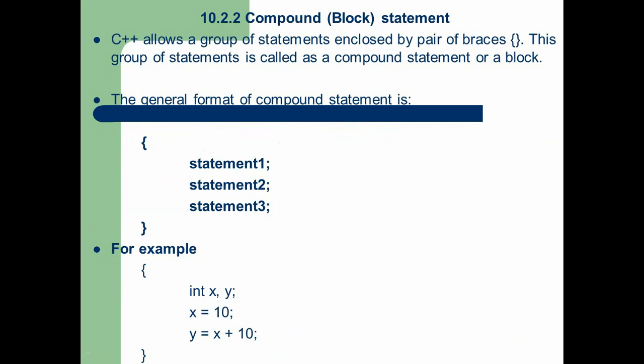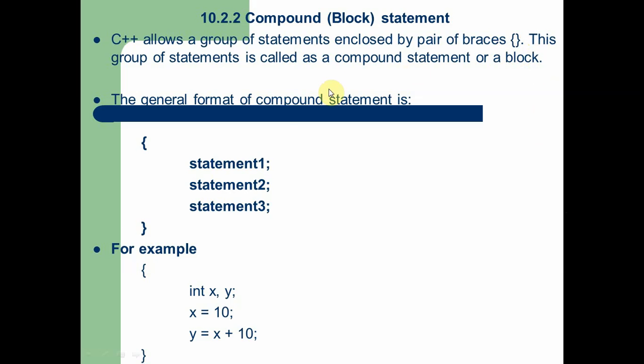Next one is the compound statement, otherwise called a block statement. Block means a group. In C++, any more than one statement can be grouped using a pair of braces. So this is the symbol used in C++ for blocking, grouping, or compound statements.